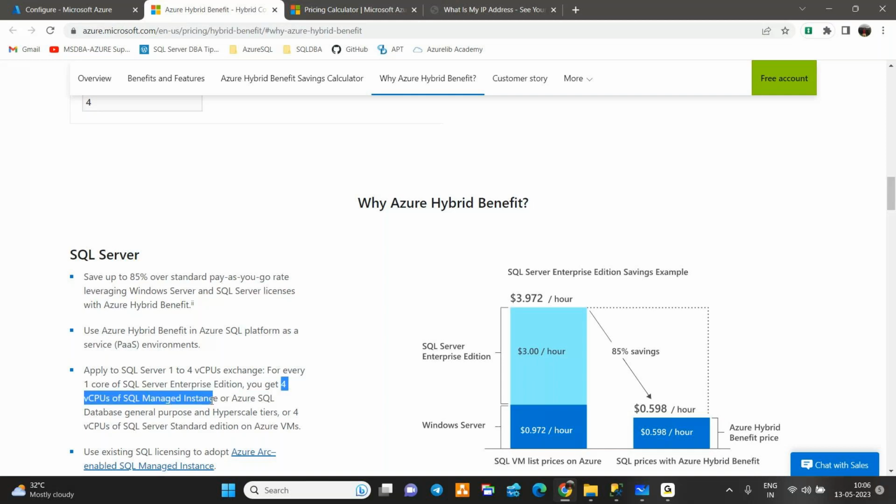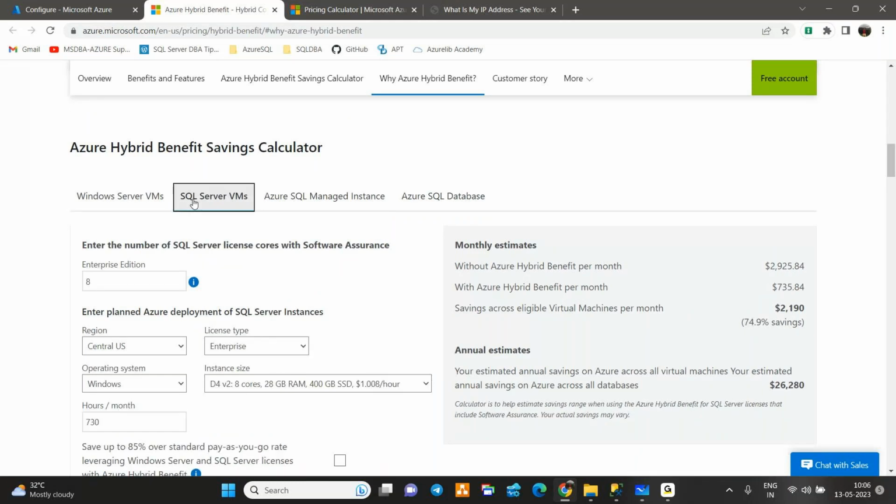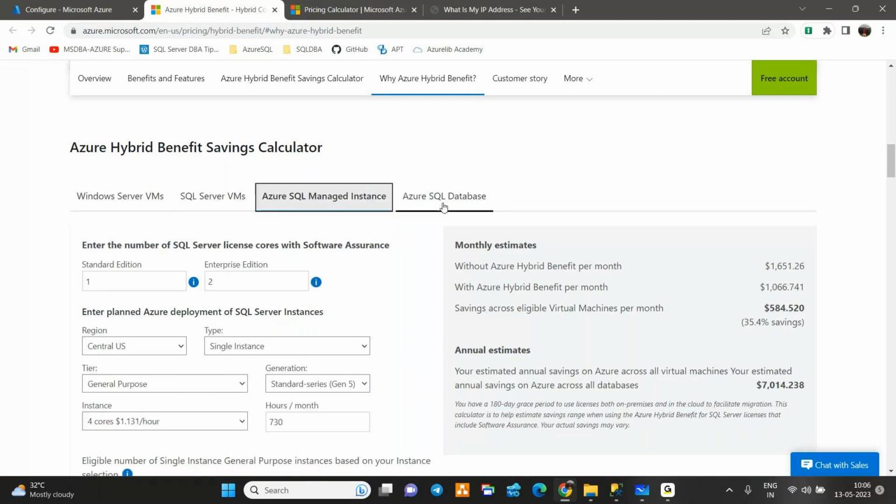Azure SQL Database general purpose and hyperscale, you are not getting business critical, sir. And 4 cores of SQL Server Standard Edition on Azure VM. So whenever you have one core Enterprise Edition on-premises license, you can convert it into Azure SQL Database, Azure VM, or managed instance license, along with Azure SQL license.